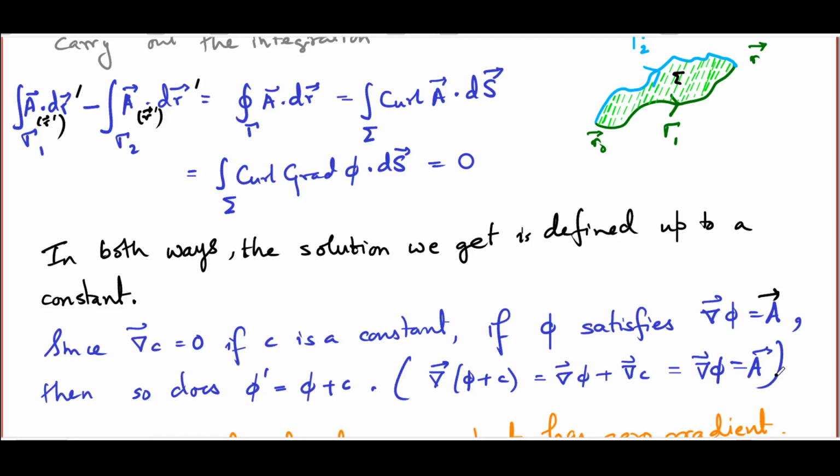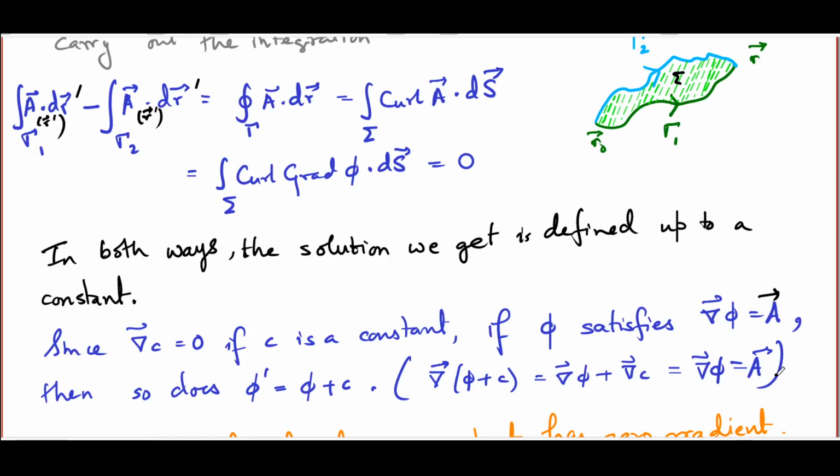So, if you are given the gradient of a scalar and asked to find the scalar from it, it's obvious that the answer has to be non-unique, in the sense that you should always be able to add a constant to phi without changing its gradient. And so, phi and phi plus a constant have the same status as far as this particular problem is concerned.